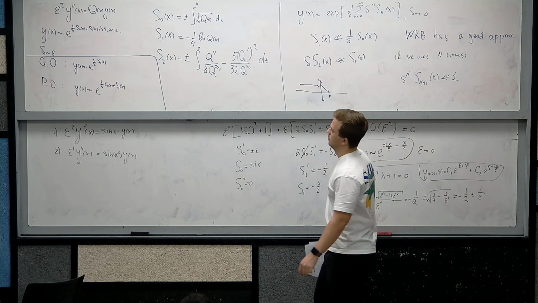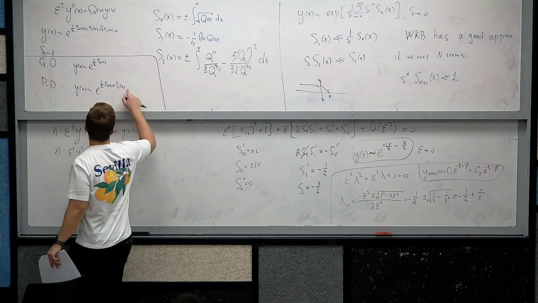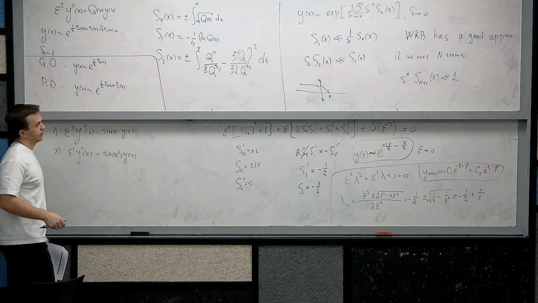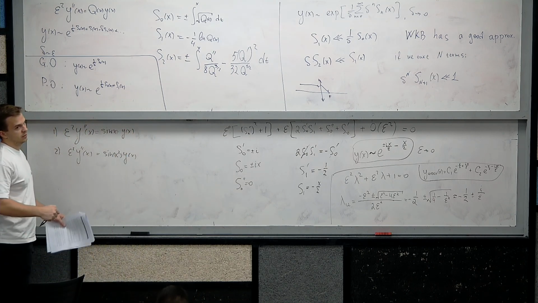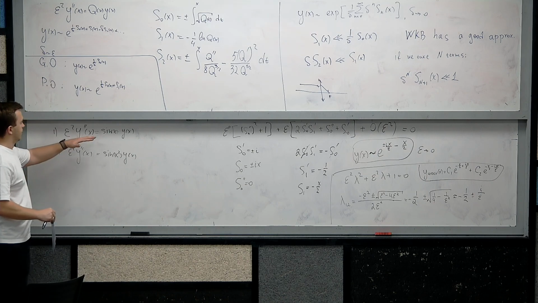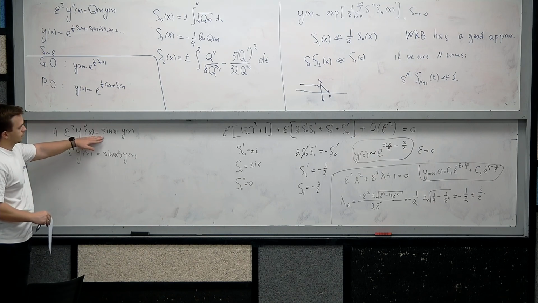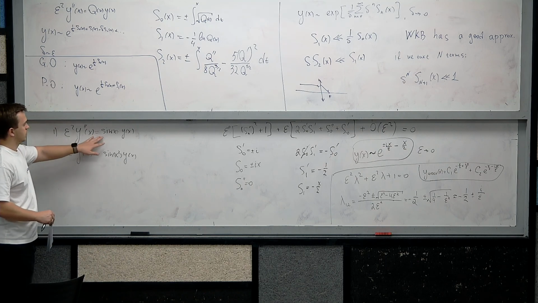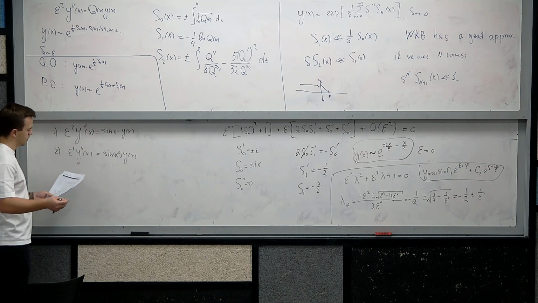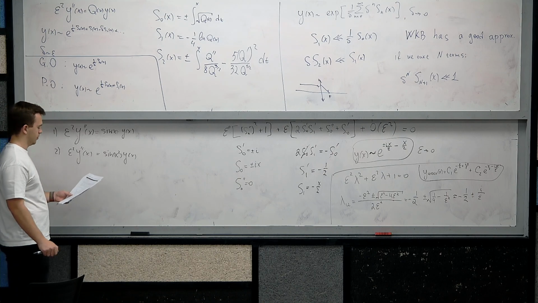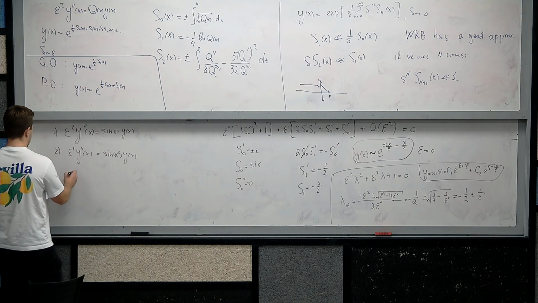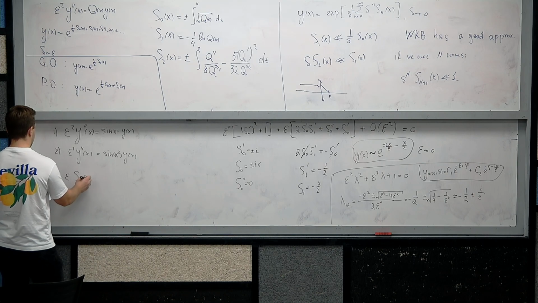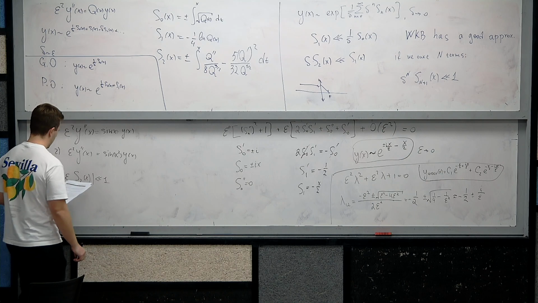Namely, we need to check delta S2, is it much smaller than 1 or not? If it's much smaller than 1, we can say that the physical optics approximation works well. If not, we need to take more terms. So we need to check if this is much smaller than 1.